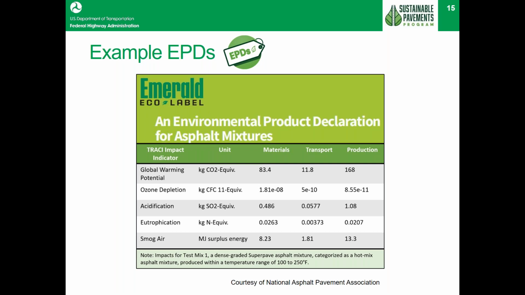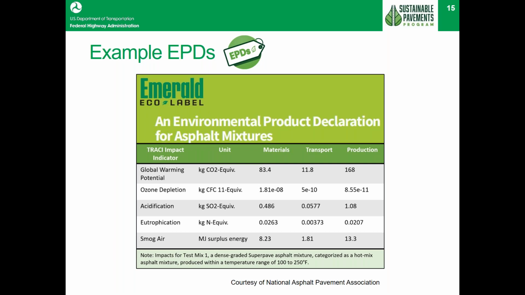In this case, including ozone depletion, acidification, eutrophication, and smog. A set of units to express those impacts, and then an enumeration of the impacts by specific elements of the life cycle process.